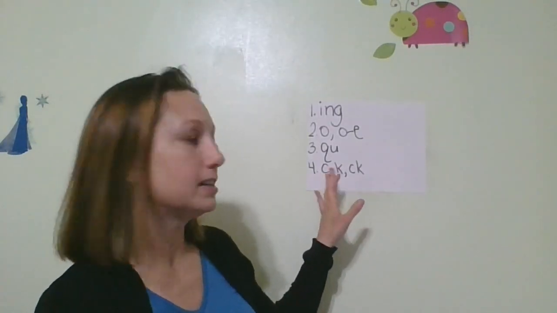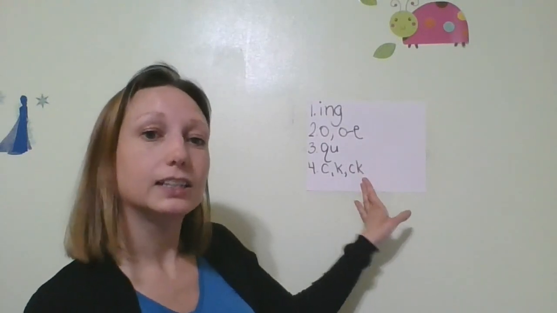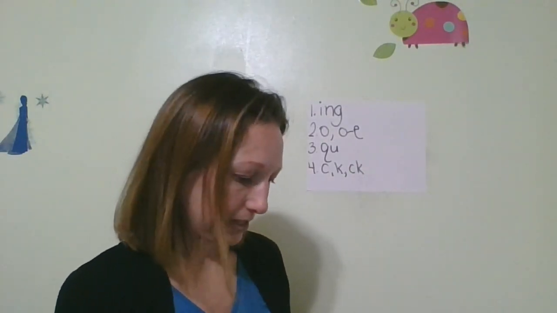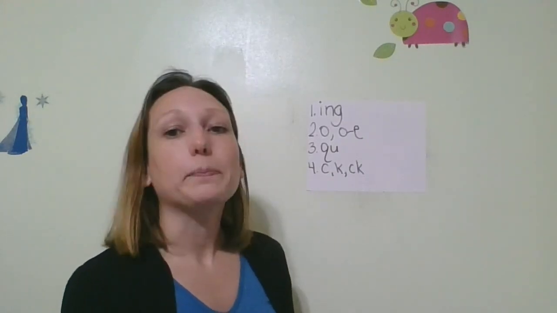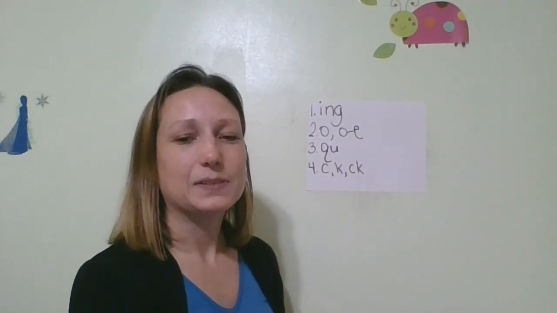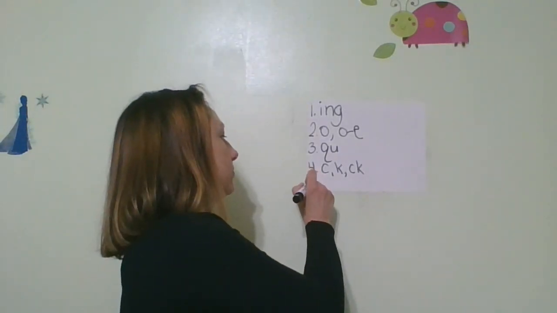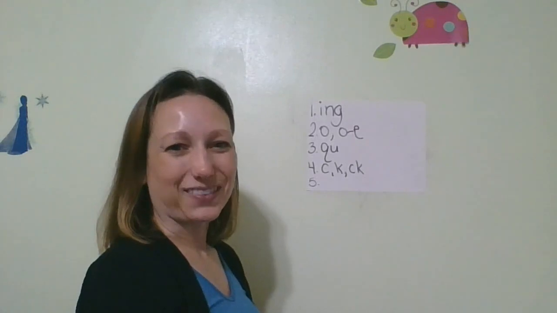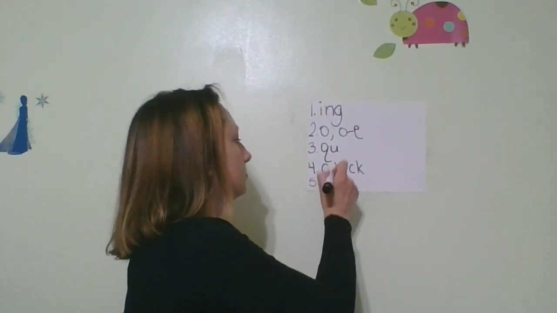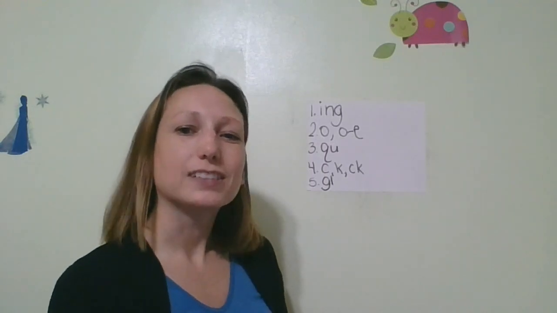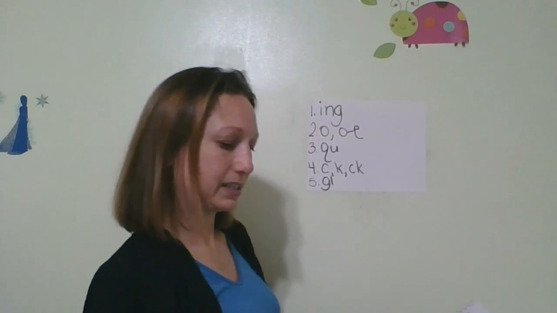C can say k, K can say k, and CK can say k right after a short vowel. Next one, 1 way to write the blend in glass. And what blends do we have in glass? GL is GL, the blend that we hear in glass.